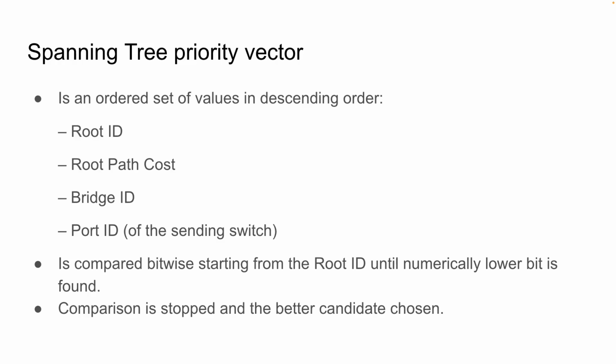Comparison is stopped at this point, and the better candidate is immediately chosen. By candidate, I mean root bridge or root port or designated port, right? In all these cases, there is a comparison between different parameters of the BPDU, the spanning tree priority vector specifically.